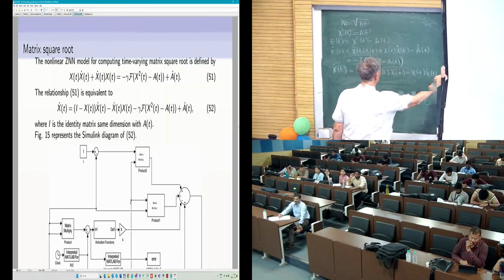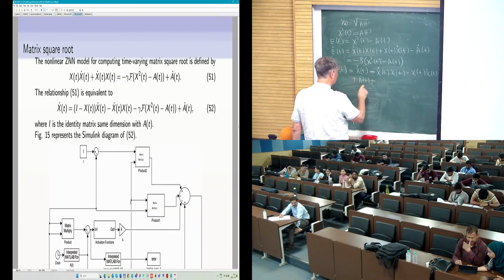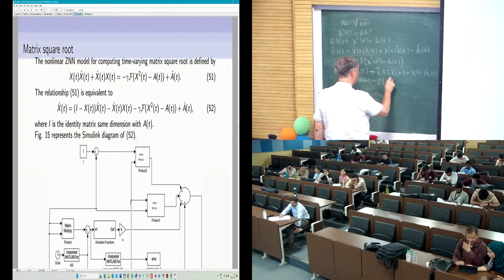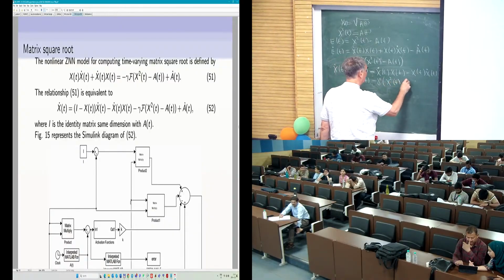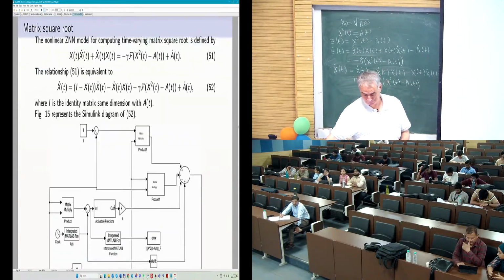Can you see this? Gamma. Oh, plus a dot, yes. Plus a dot of t minus a of t. It is the ZNN model.